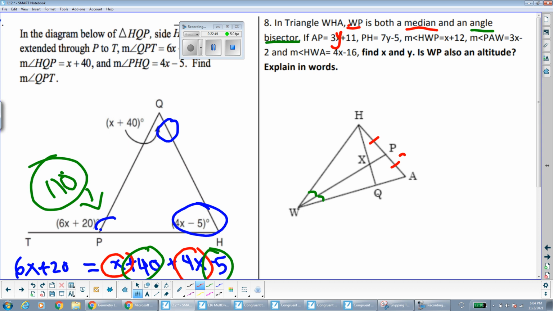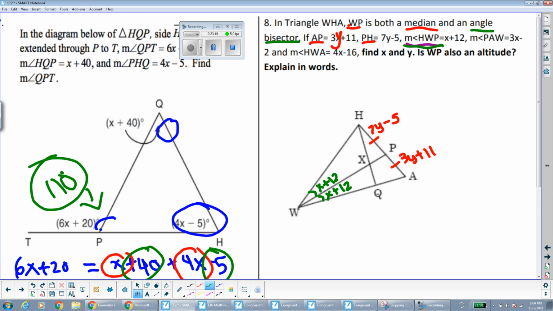So AP is 3y plus 11, and PH is 7y minus 5, and angle HWP, let me do that in green actually. HWP, that's this angle right over here, is x plus 12. Oh, wait, that means this angle is x plus 12 because they're equal to each other.